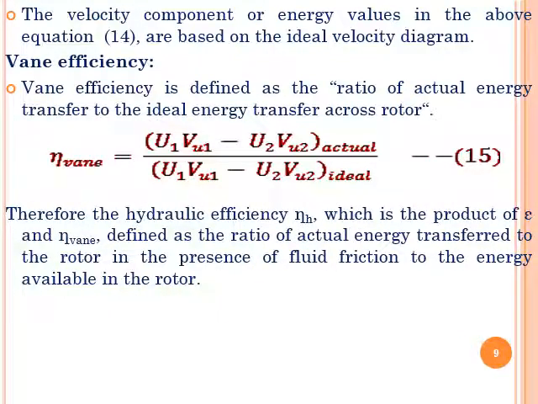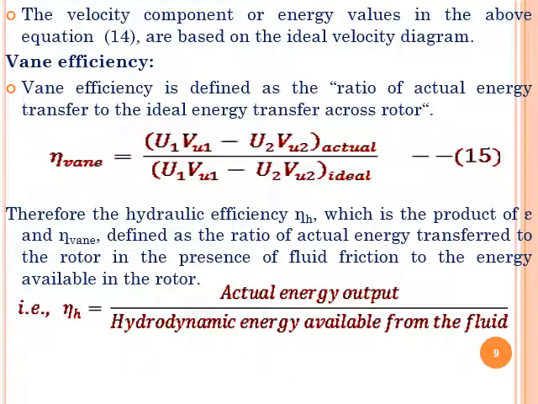Therefore, the hydraulic efficiency eta H, which is the product of utilization factor and vane efficiency, is defined as the ratio of actual energy transferred to the rotor in the presence of fluid friction to the energy available in the rotor.